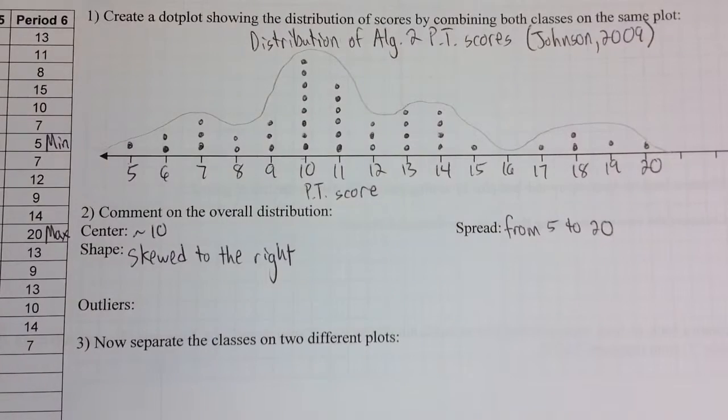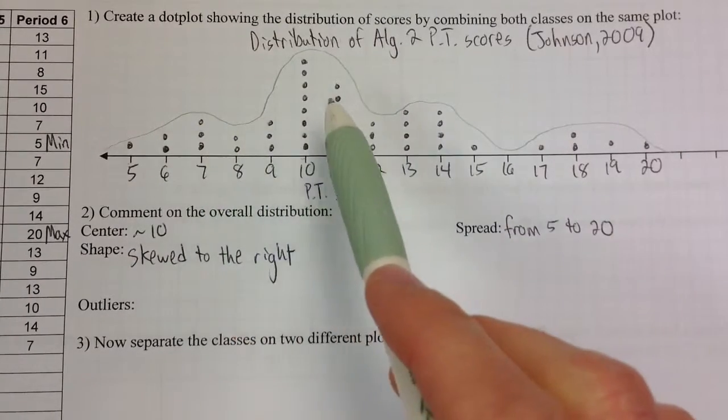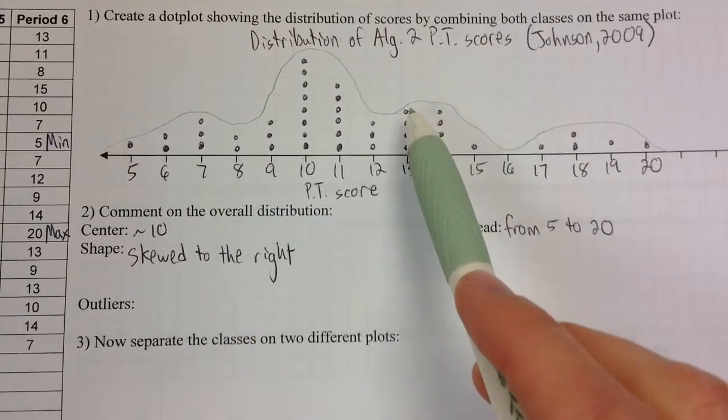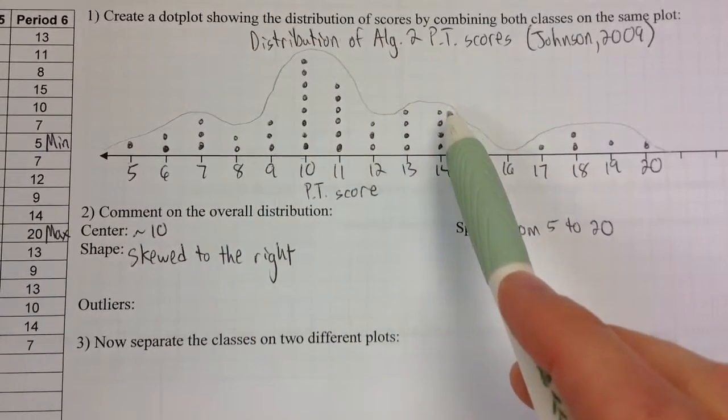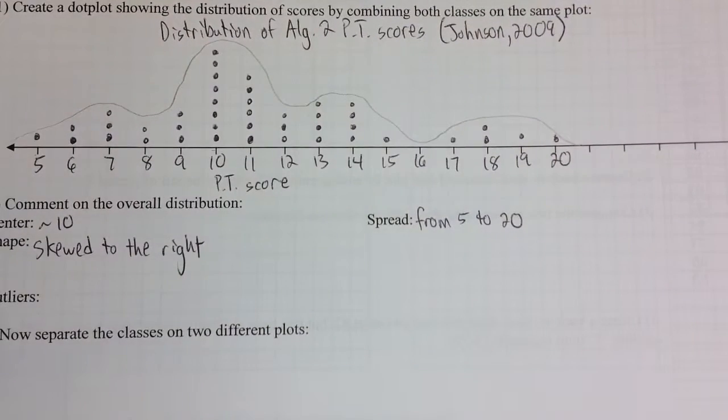That's the most frequent score, most common score. However, I would point out these possible secondary modes. One centered at 7, one at 13 to 14, and then another at 18. They may be due to chance, but I'm still going to point them out.